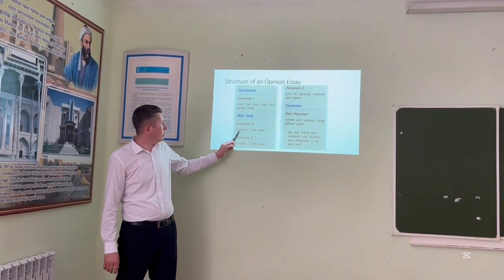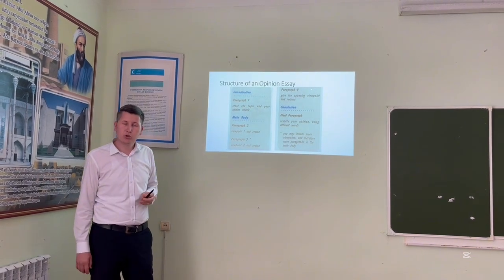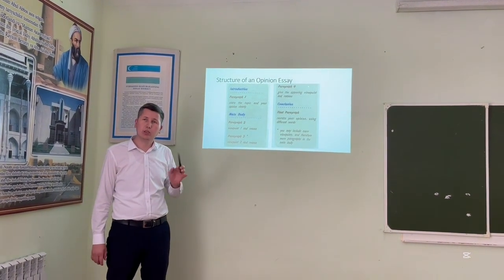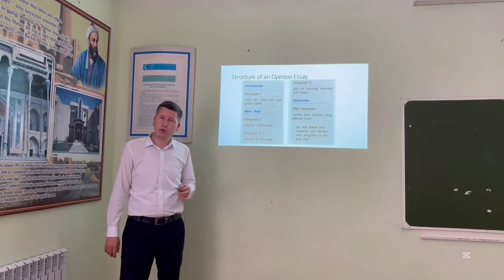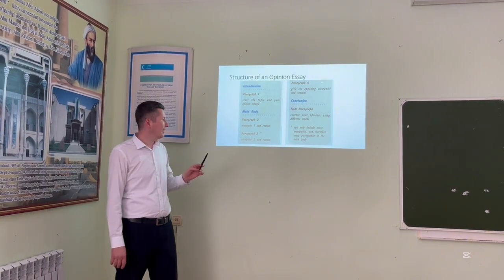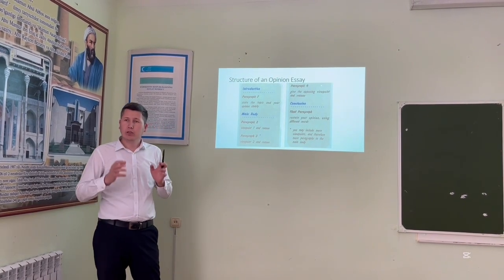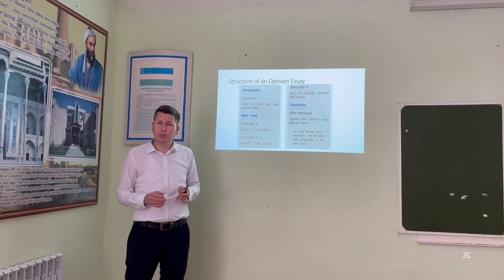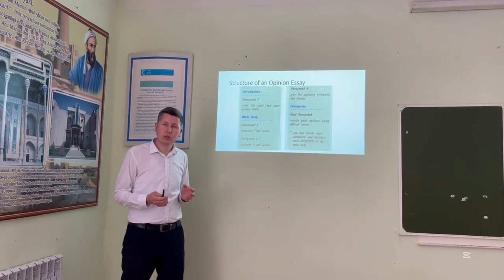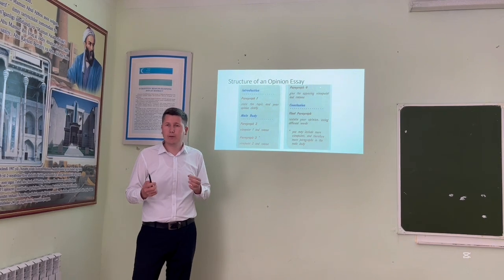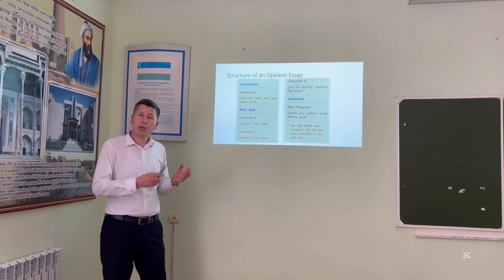So, first the viewpoint 1 and the reason. For example, you should write one topic sentence about the topic, and it will be your first viewpoint. And to clarify your viewpoint, you should give examples or clarification for your opinion, because you should convince your reader of your opinion.